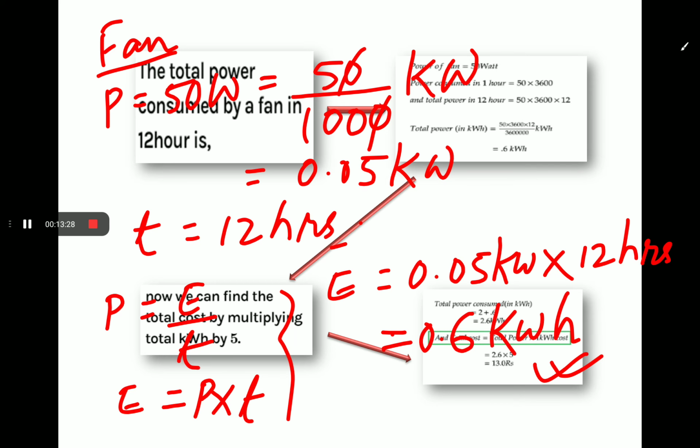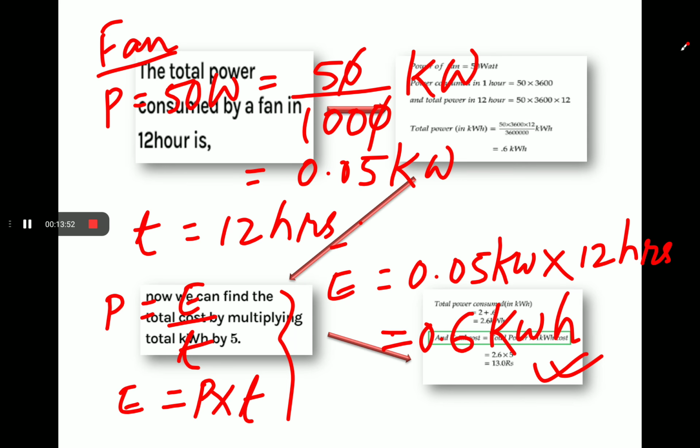So this is the energy consumed by the fan having a power rating of 50 watt and used for 12 hours. Now we have to calculate the amount of electric bill when both the devices are run for different periods of time.